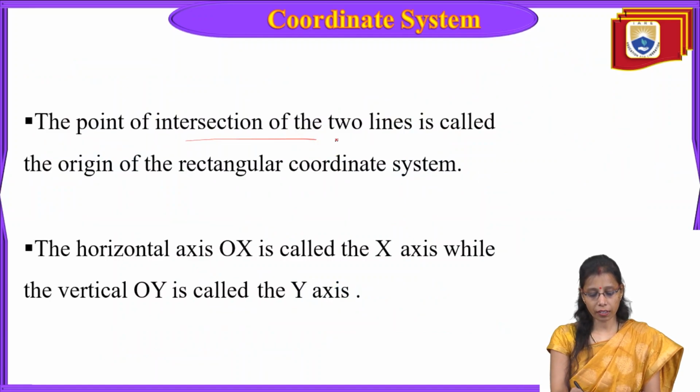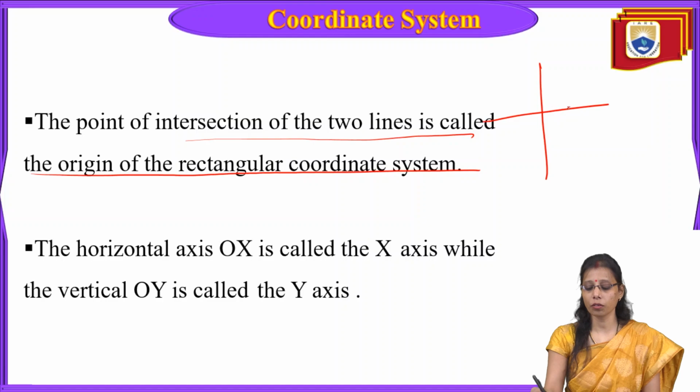Now the point of intersection of the two lines is called the origin. So this is the point of intersection. This O is called the origin, the origin of the rectangular coordinate system. Here we have x, y. This is the origin from where it goes up and down.